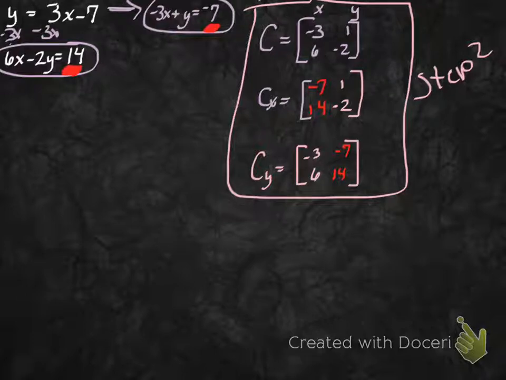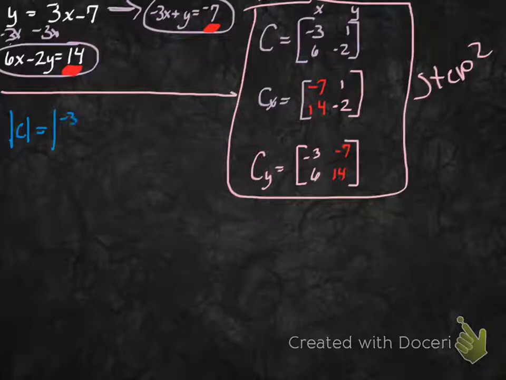Now let's look at step 3. We're going to find each of those determinants. I'm going to find the determinant of C. That's negative 3, 1, 6, and negative 2.